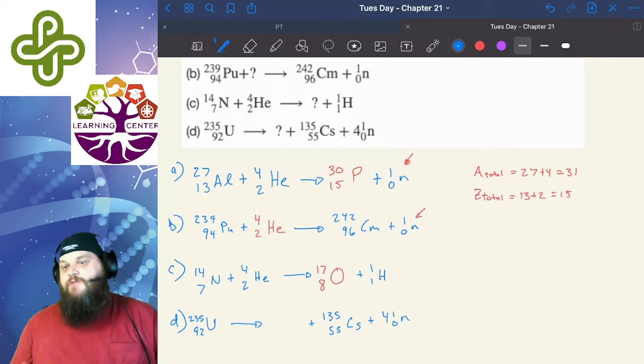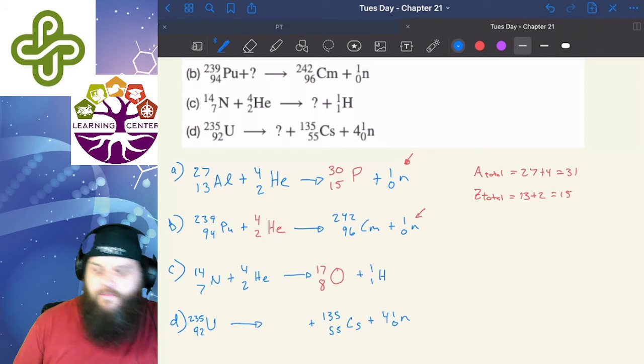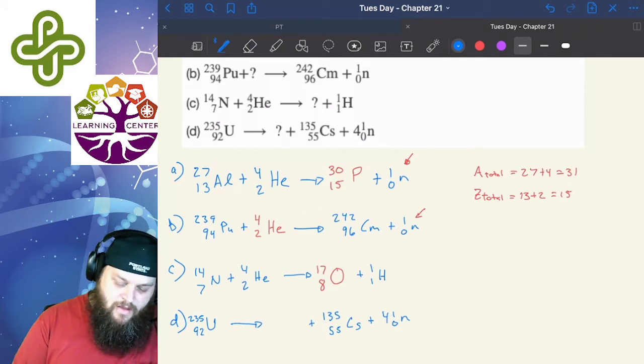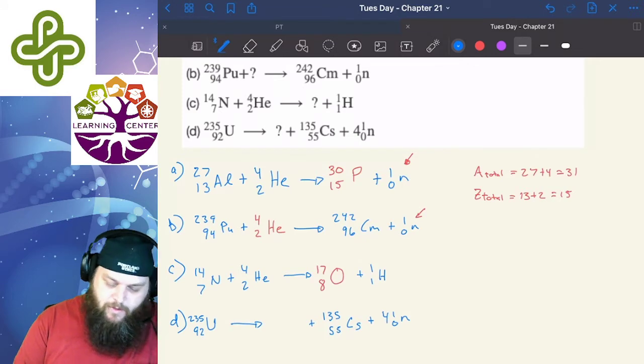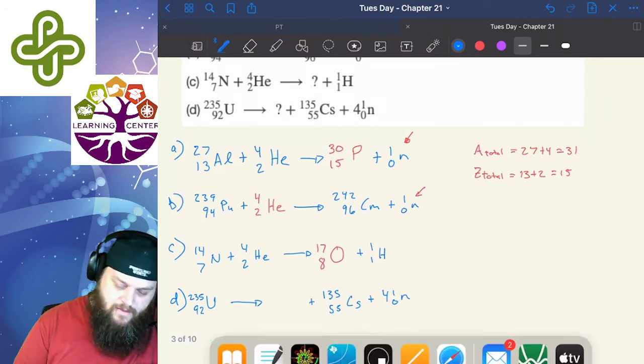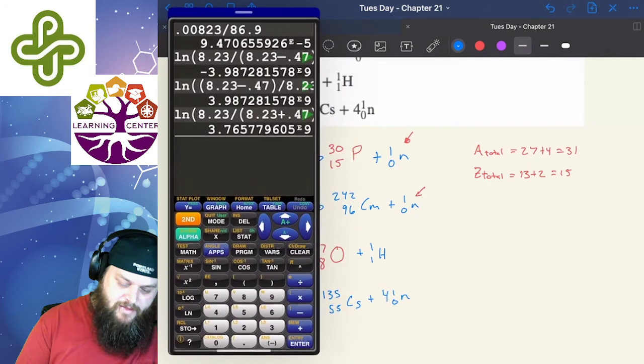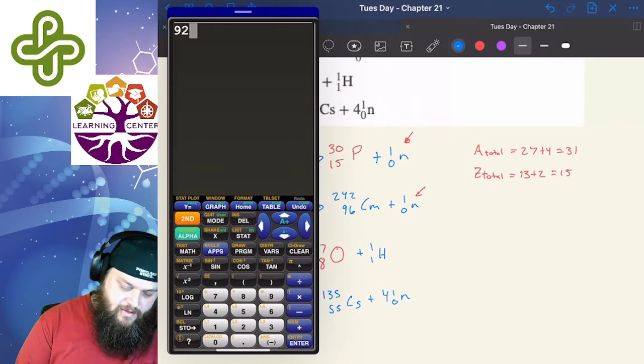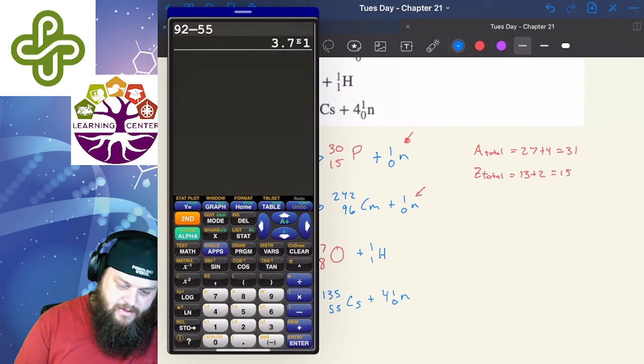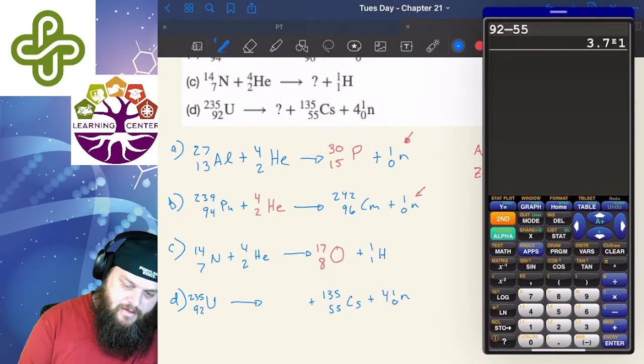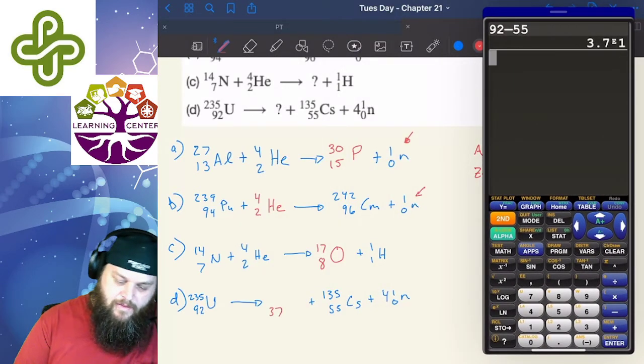There's 4 extra neutrons flying out of here as well. So we can add up all of these as well. We have on the bottom 92 minus 55. I'm going to pull up my calculator for this just to make sure I don't make a mistake. 92 minus 55 is equal to 37. So I know there has to be 37 protons there.